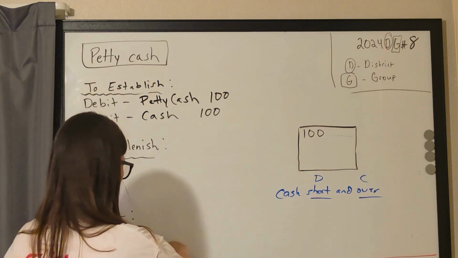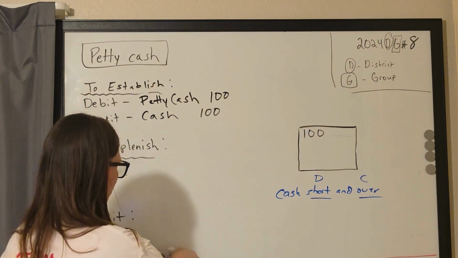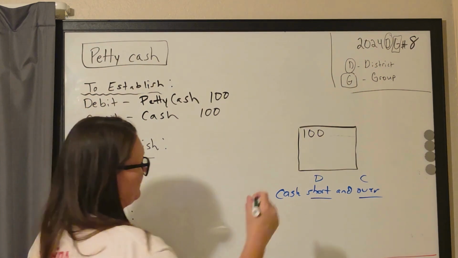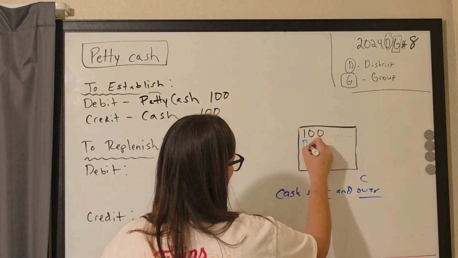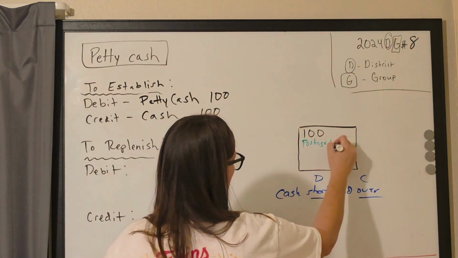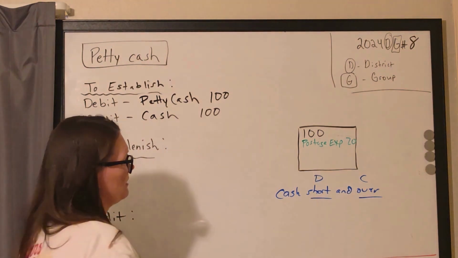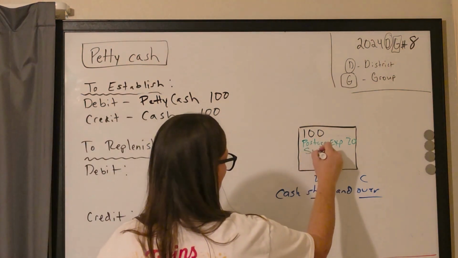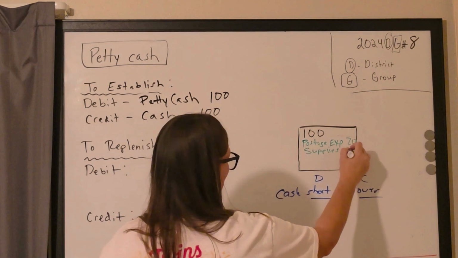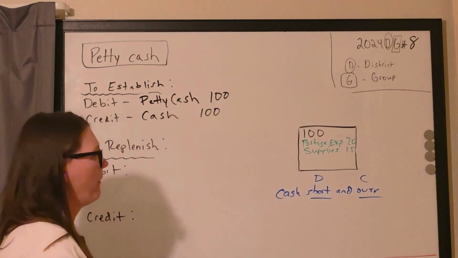So we could have, let's say, we spend $20 on postage expense. Let's say we spend $15 on supplies.